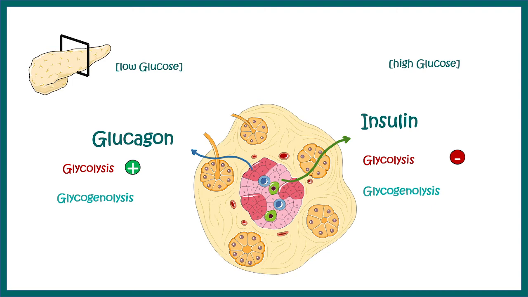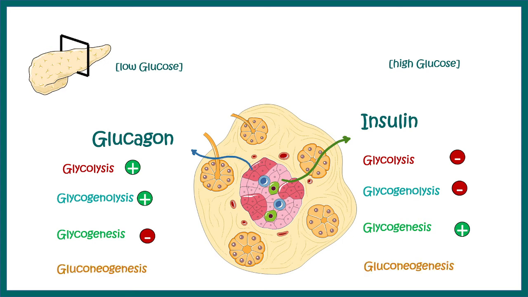If we think about glycogenolysis, that means breakdown of glycogen, glucagon promotes breakdown, whereas insulin promotes the anabolism of glycogen. That means formation of glycogen is favored by insulin, because if you make glycogen, then blood glucose level would eventually be lowered. If we talk about glycogenesis, glucagon discourages glycogenesis, whereas insulin encourages.